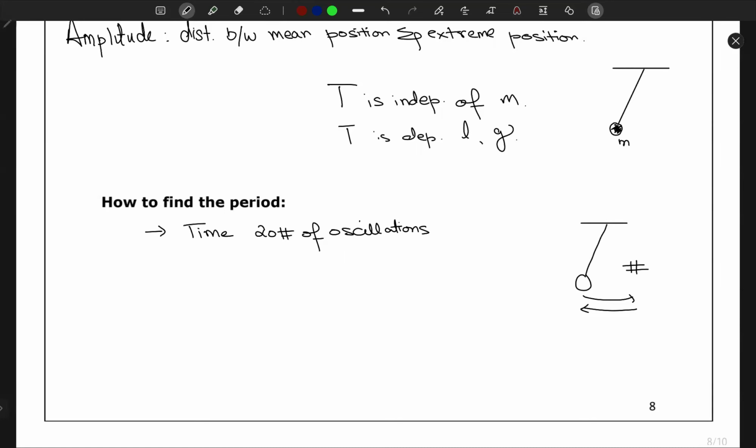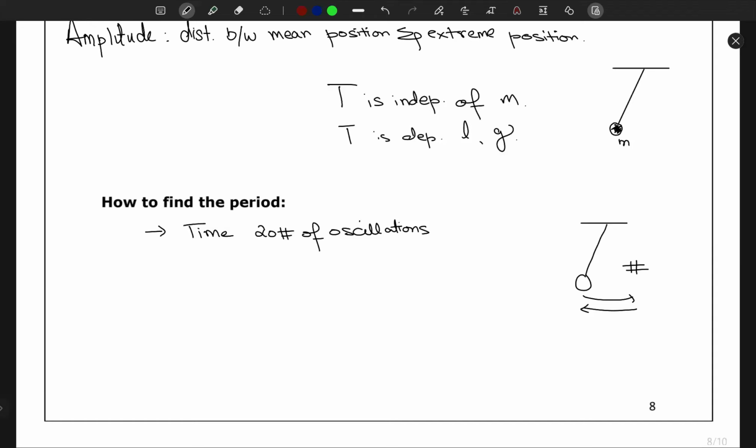Sir, this is an experiment, this is practical. Yeah, it's practical. In what sense do you mean that? I performed this experiment in my previous exams. Yeah, you can perform this experiment as well.